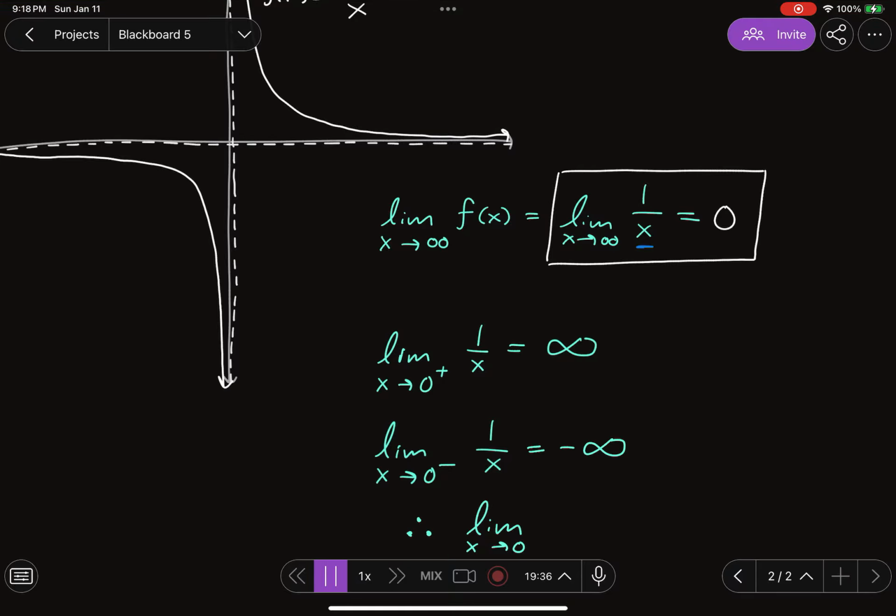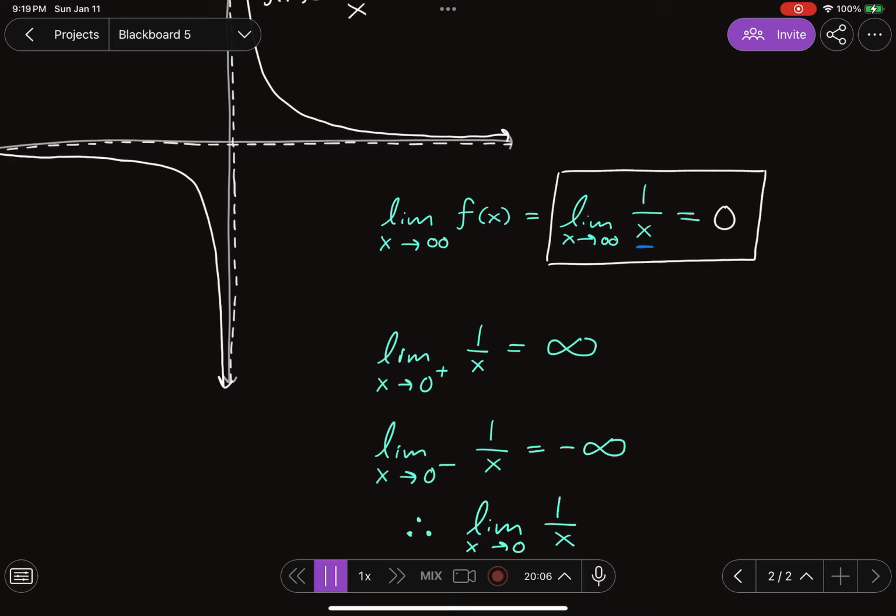But in this case, I don't care what side of 0 I'm on, and this is a big old problem. This number is the furthest away it can possibly be from this number, and I'm saying number, which is a little bit of a misnomer. This entity is very far away from this entity. It's certainly the case that these are not equal. So in this case, we would say that this limit does not exist.